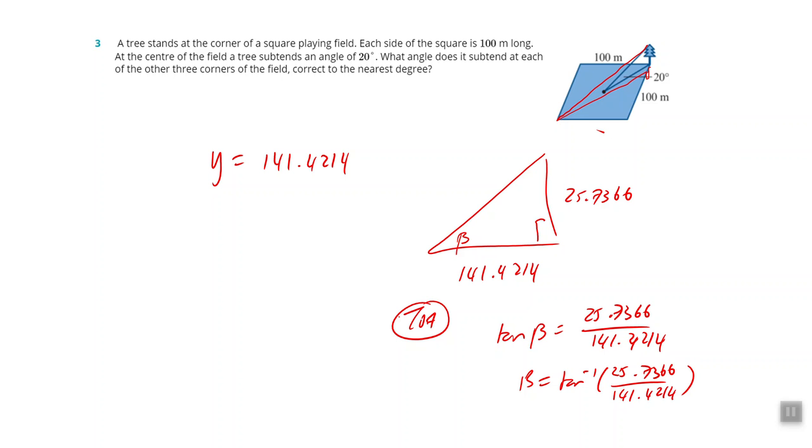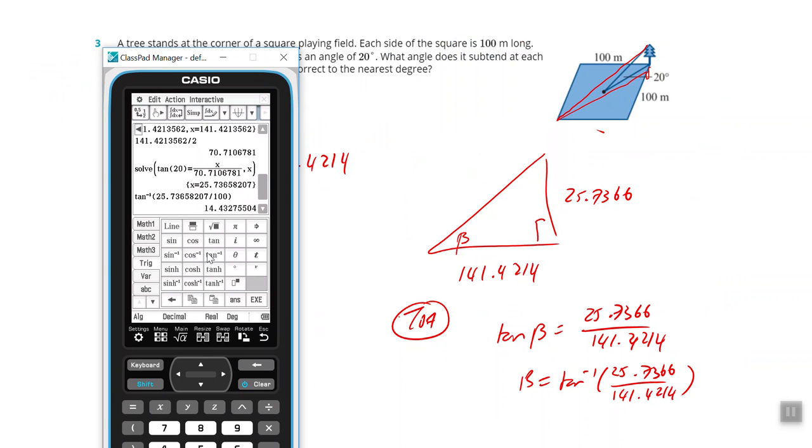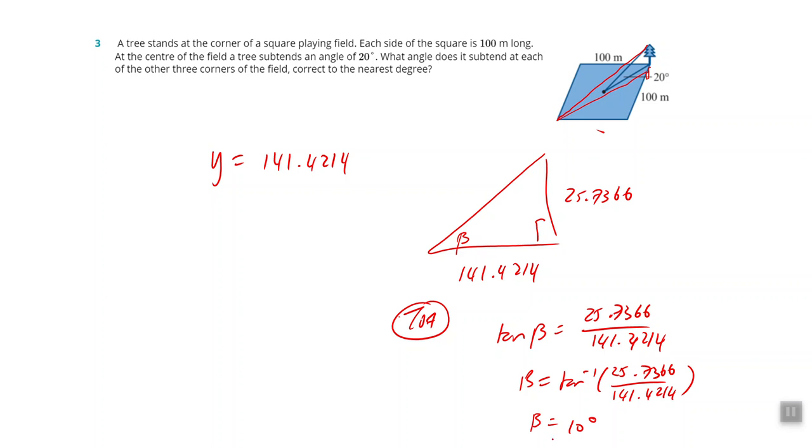Let's work out what that is on the CAS. So inverse tan of 25.7366 divided by 141.4214. I'm just going to copy and paste, like I said, for accuracy's sake. And I should get 10.31 degrees, or 10 degrees. So beta equals 10 degrees.